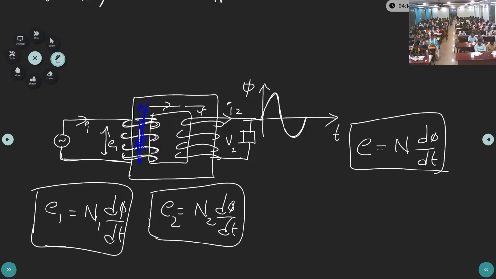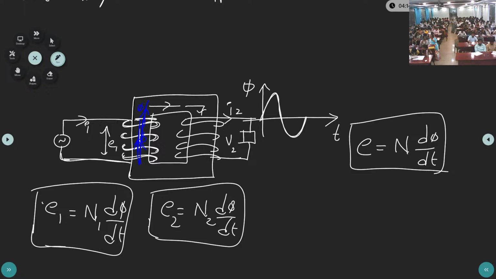The EMF induced in the transformer is directly proportional to the number of turns of the transformer. If more turns are available, more EMF. If fewer turns are available, less EMF.